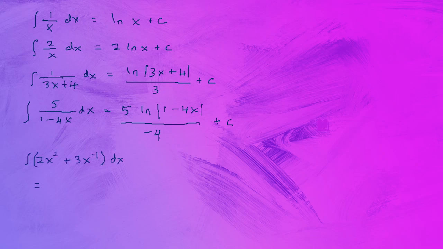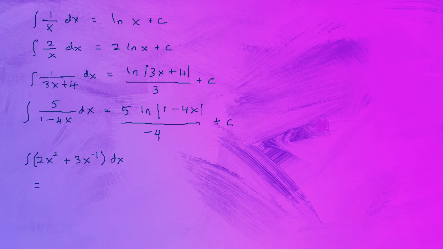Next, integrate 2x squared plus 3x to the negative 1. We will integrate one by one. Integrate 2x squared and integrate x to the power of negative 1. But if we integrate x to the power of negative 1, if we add negative 1 and 1, we will get 0.